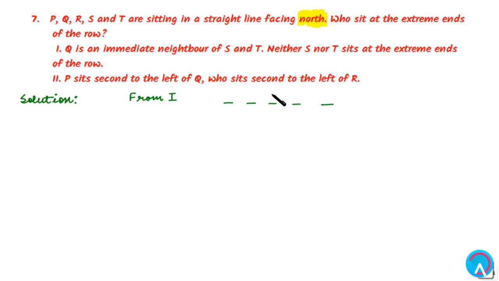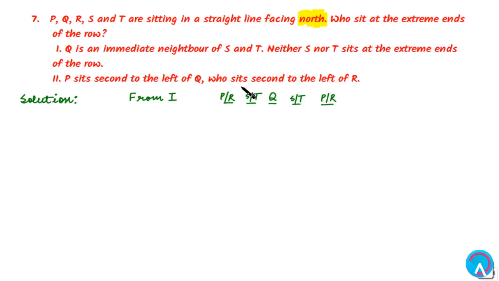So suppose Q is sitting here, then immediate neighbor means that at this position we can have S or T, and at this position also we can have S or T. And for the extreme positions, this position and this position, we can have P or R, and here also we can have P or R.